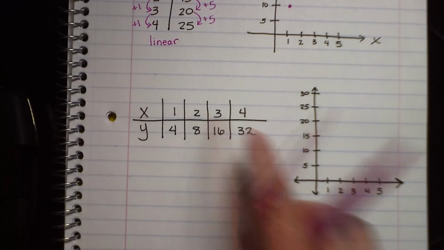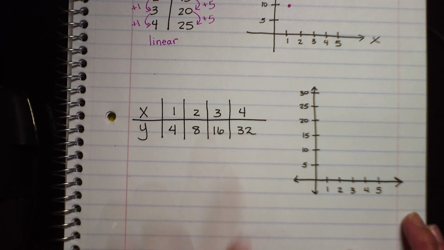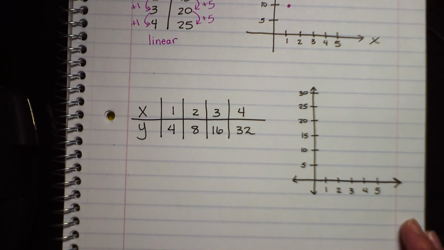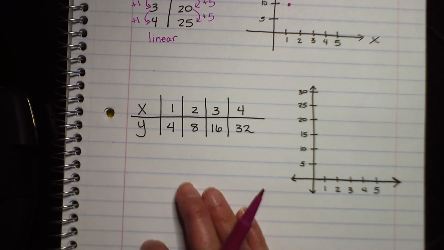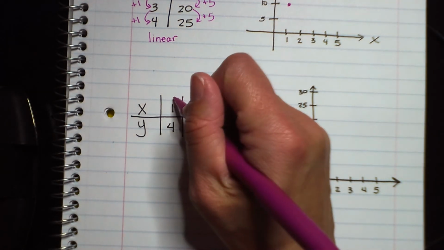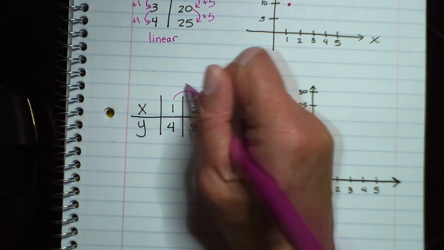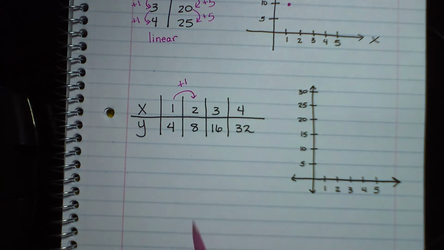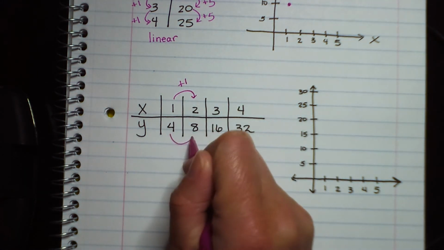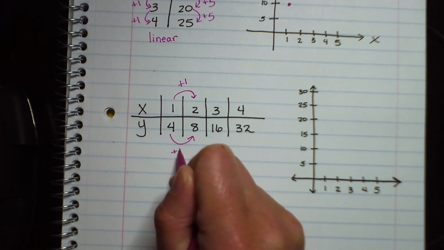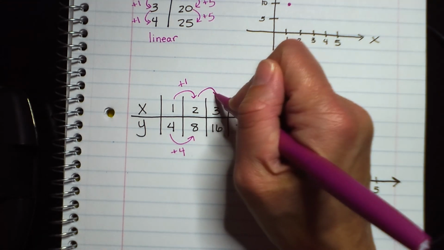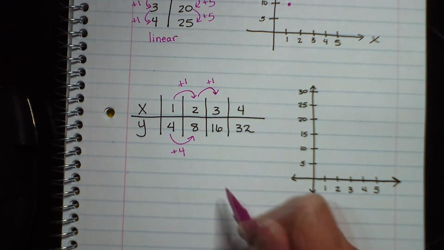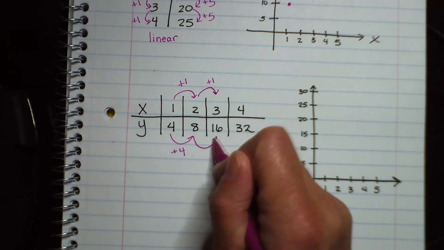I made this table slightly differently, in this horizontal fashion. I'm going to look for the same thing in this relation. I want to know, is there a constant rate of change? As my input increases by 1 here, my output has increased by 4. And as my input increases by 1 here, my output increases by 8.